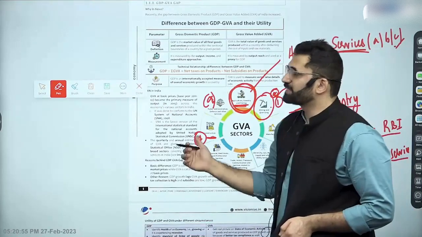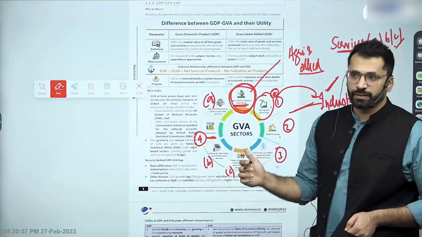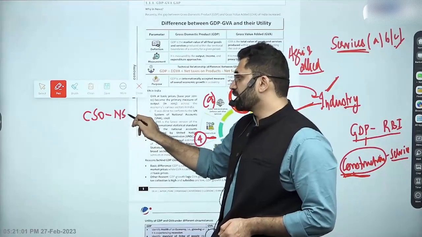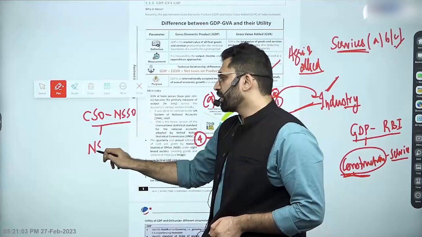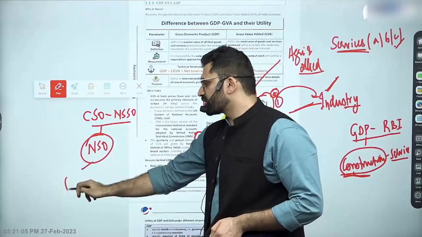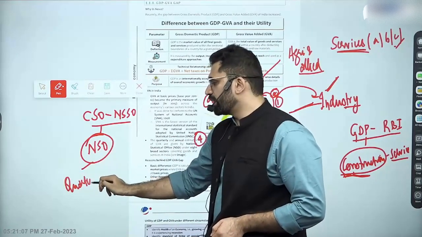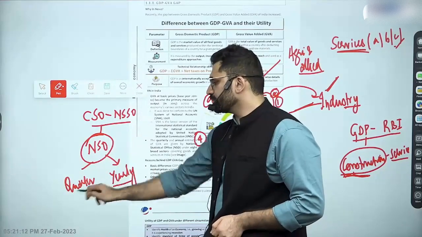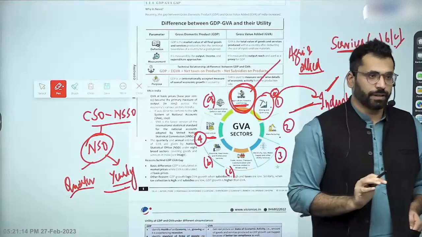Who calculates GDP in India? CSO is now merged with the NSSO, and this is called the NSO. We have two types of estimates. One is the quarterly estimates and the other is yearly.